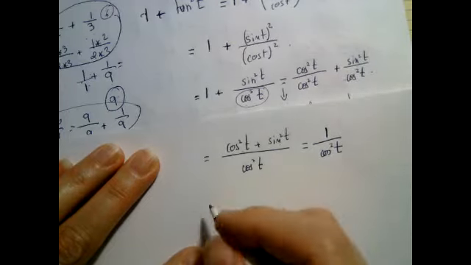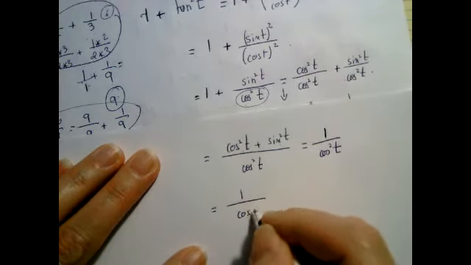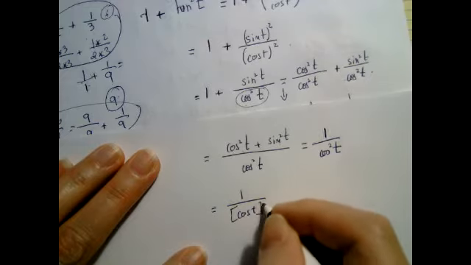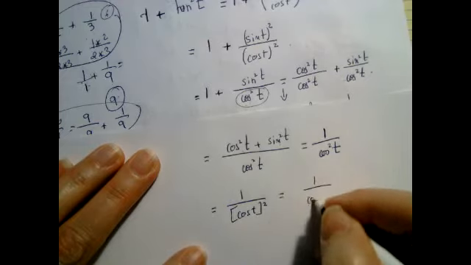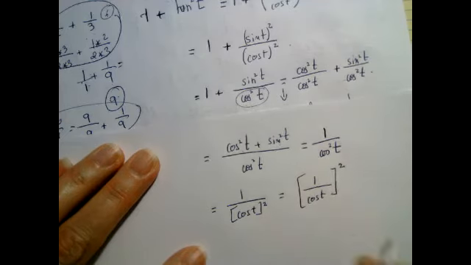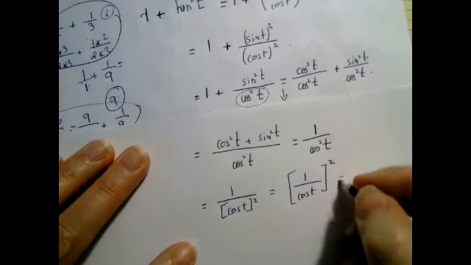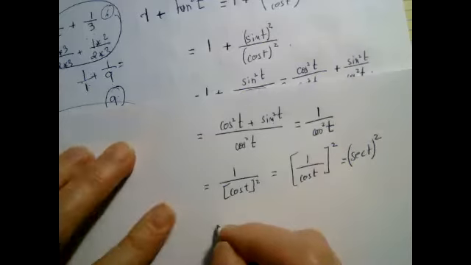But now I'm telling you this is equal to what? This is 1 over the cosine of t square, which is 1 over that squared, which is secant square. That's secant to the power 2.